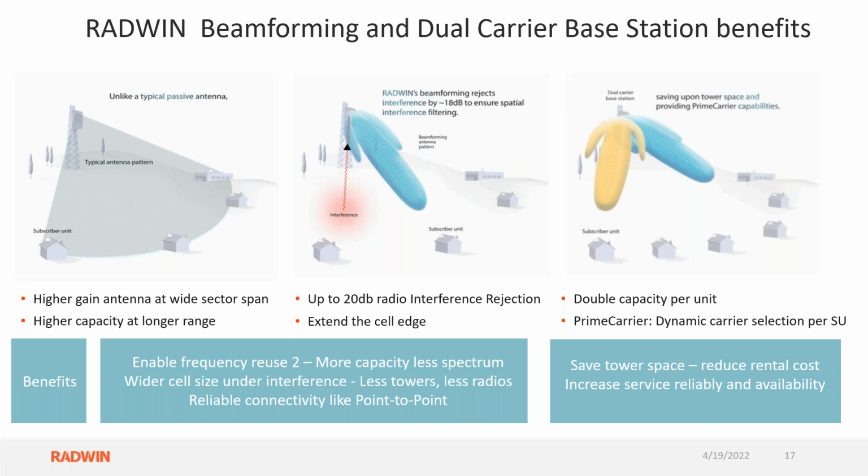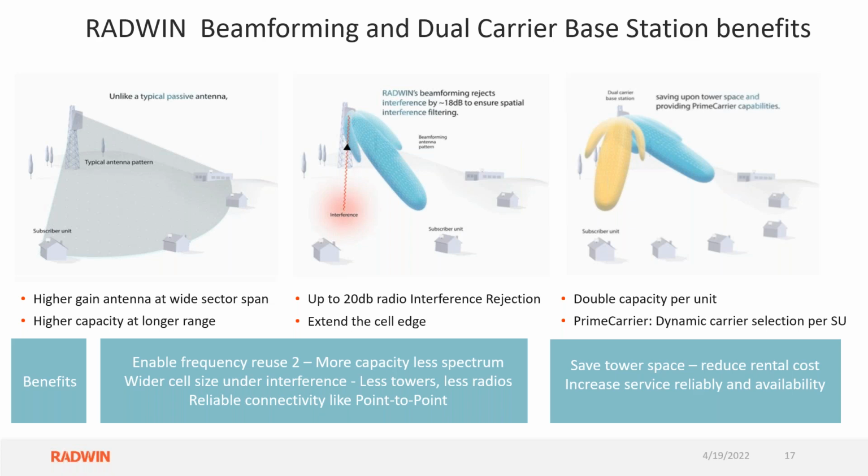Whereas with the beamforming, when we send that narrow 8-degree beam, interference on one side, for example where you see that red zone there, won't affect any of the other subscriber units, because it's such a tight beam, and it's dynamic. In the dual carrier, in other words the Jet Duo, since you have two radios in there, you have two sets of those 8-degree beams.